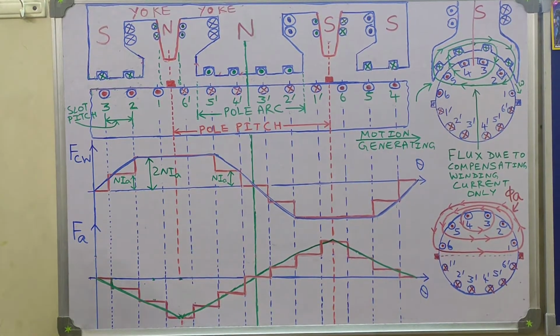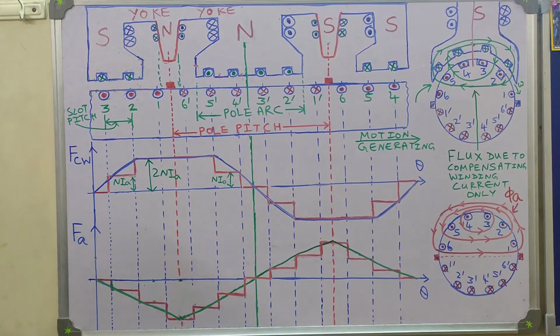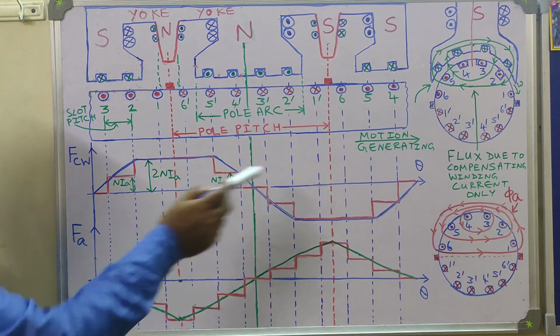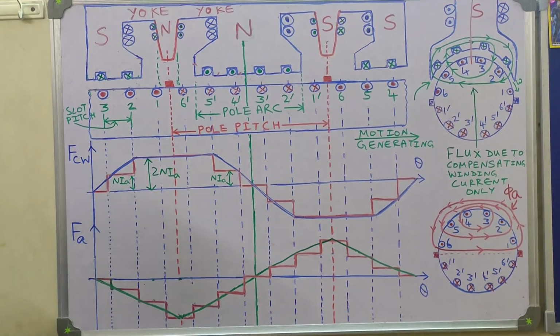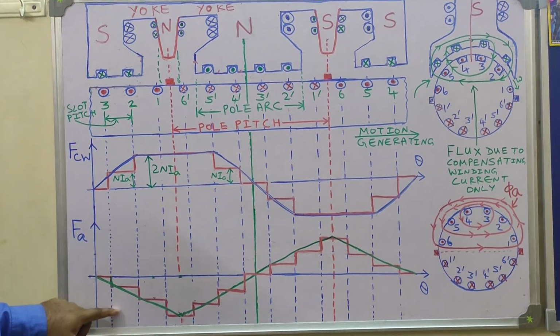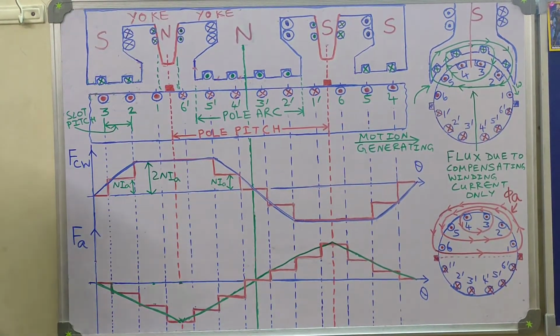So this should be familiar. What I should tell you is that while plotting the MMF variation for armature current, the same convention has been adopted: dot current is taken as negative and cross current is taken as positive. We need to keep that in mind.